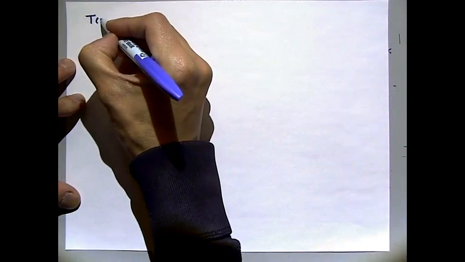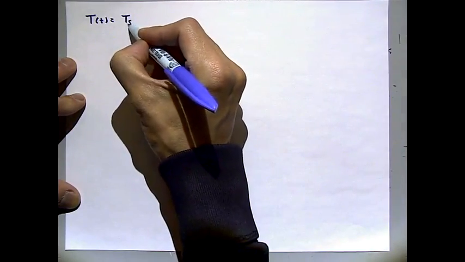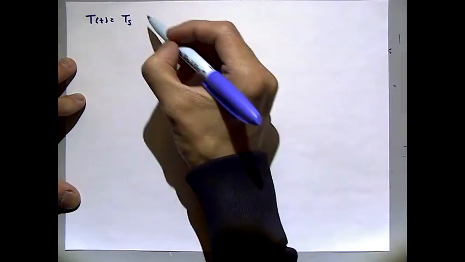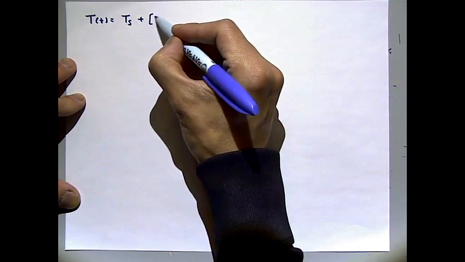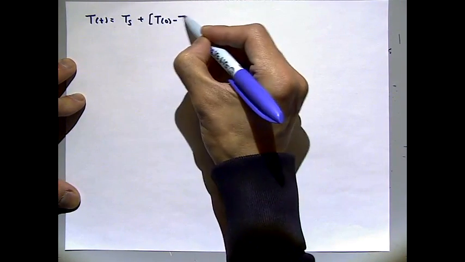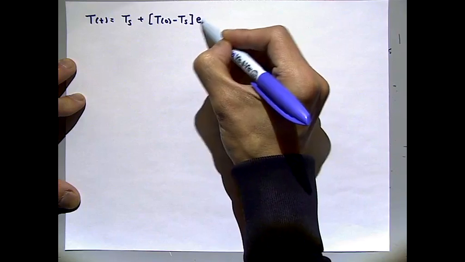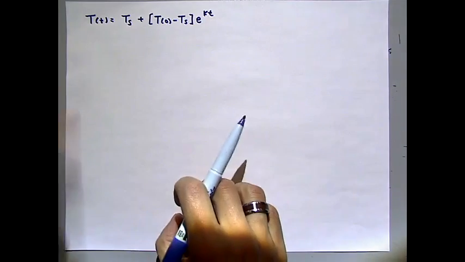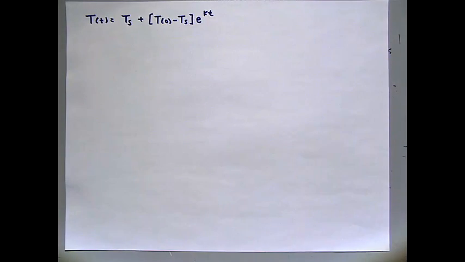Let me rewrite it. Now we can say that capital T, temperature of the coffee, I'm going to add that Ts to the right-hand side. Now this equation just gives me the temperature of the coffee at any future time.